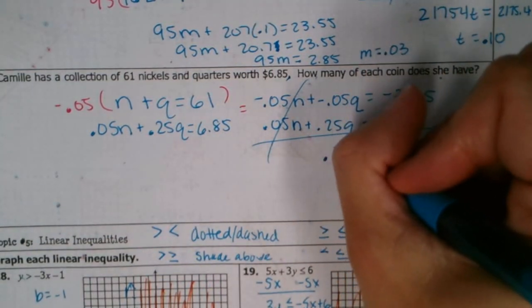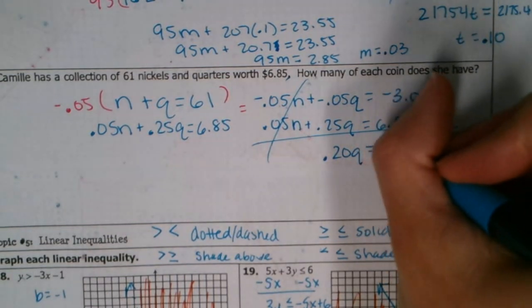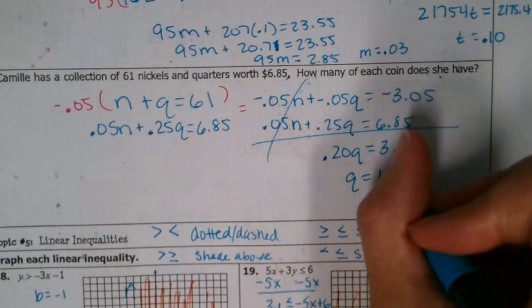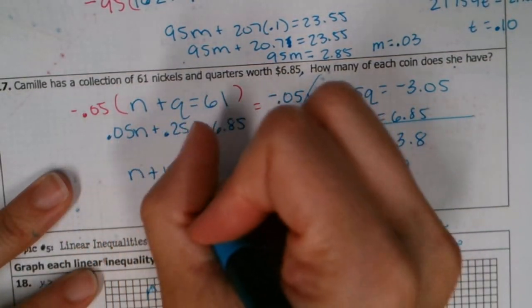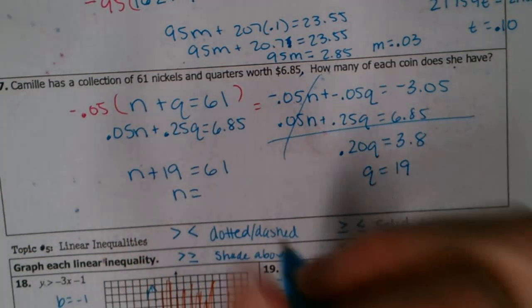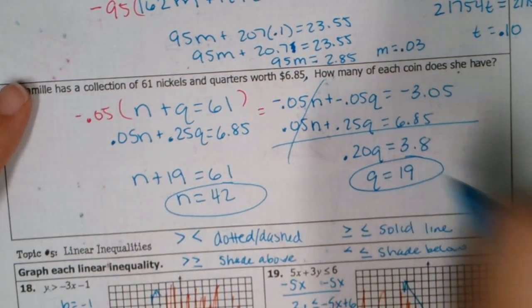I've got 0.20Q equals 3.8. And then I divide, and I get 19 quarters. So if I plug that back in, I have to subtract the 19 from each side, and I've got 42 nickels. Okay, so 42 nickels and 19 quarters.